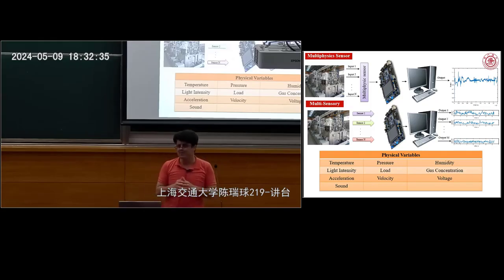Finally, physical variables in this table were categorized in fluid mechanics, such as temperature, pressure, and in solid mechanics, about vibration, acoustics, displacement, velocity. All of these variables are most important if you want to get data.